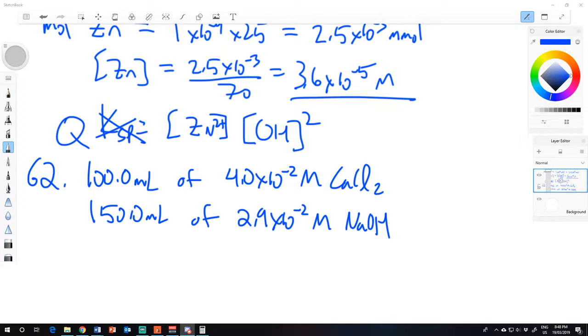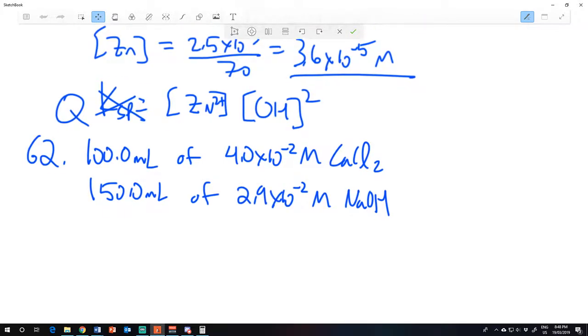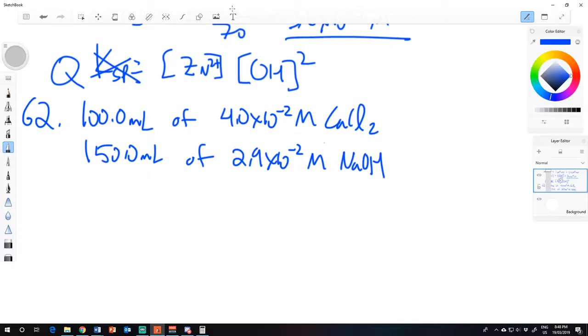61, but they don't in 62. Oh, that's because, similar to what I was mentioning earlier, just calculate the moles of each ion. So we know that the calcium chloride will provide calcium ions according to this.